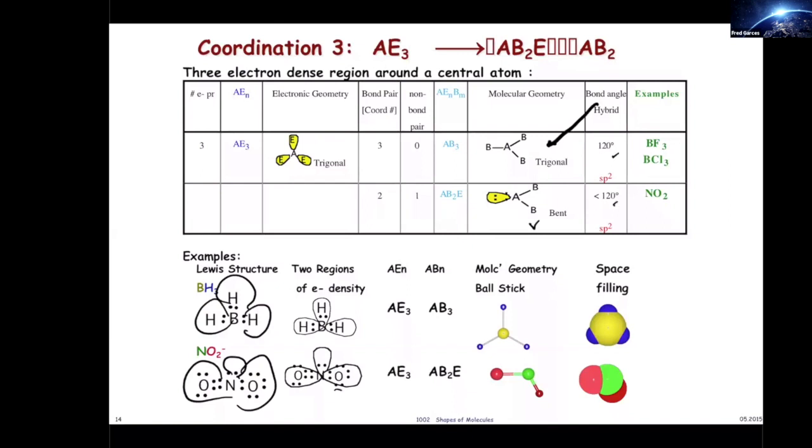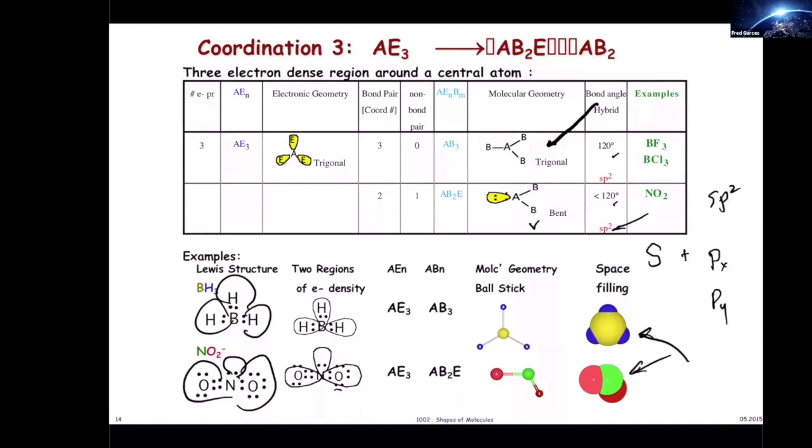The atomic orbitals that make this up are 1 s orbital and 2 p orbitals, either a px and a py or a py and a pz, but 2 of the p orbitals make up this type of molecular orbital, okay? That's why it's called an sp2. sp2 will always be a trigonal electronic geometry. And here are some examples, and here are some pretty pictures to illustrate what I mean.